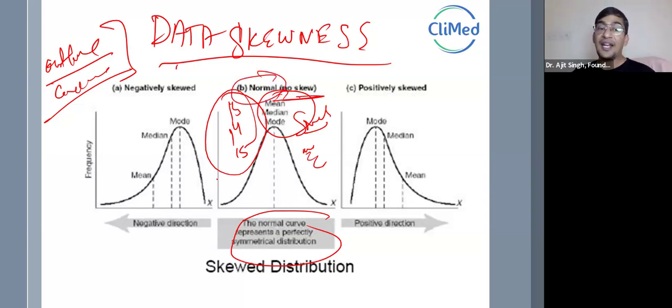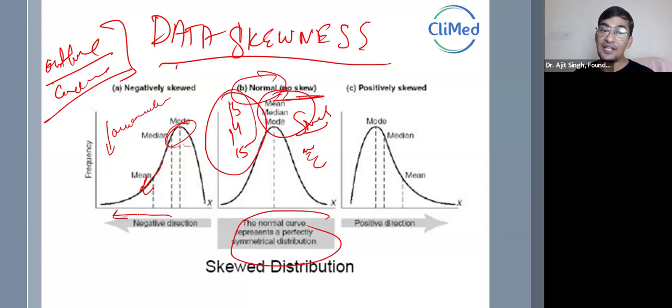But if the data is skewed negatively, that means there are outliers with low values, so those are decreasing the mean, and the mode and median will be higher than the mean. The outliers are in the negative direction.